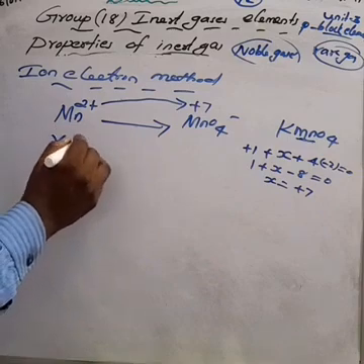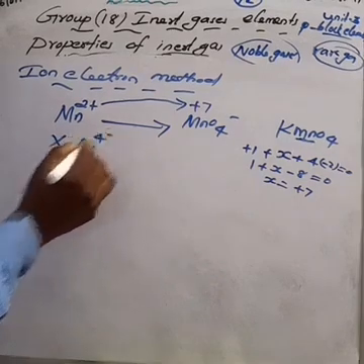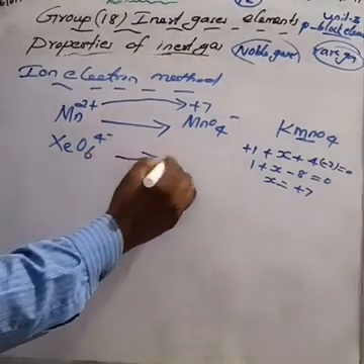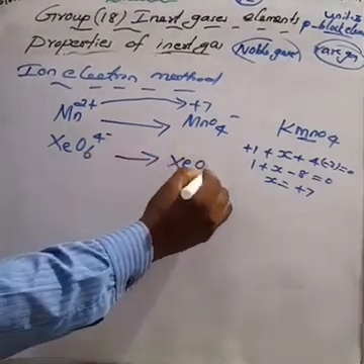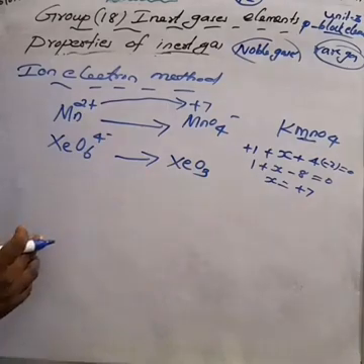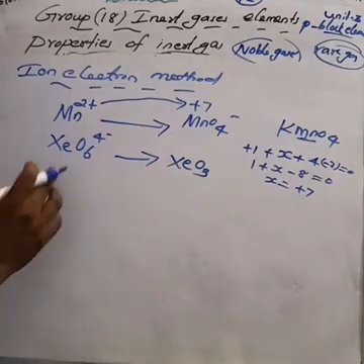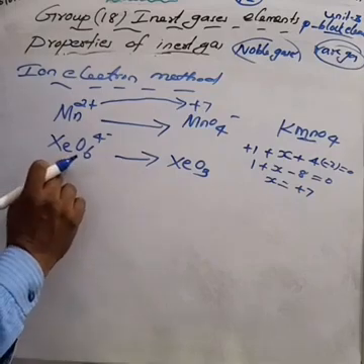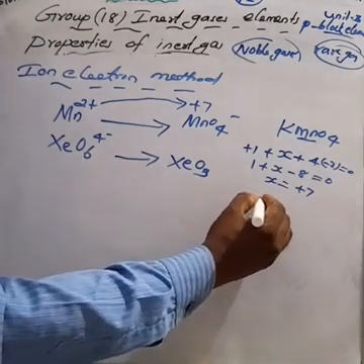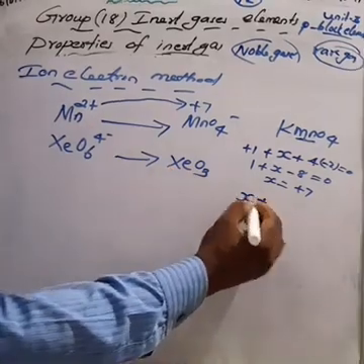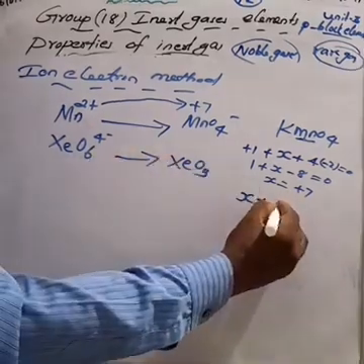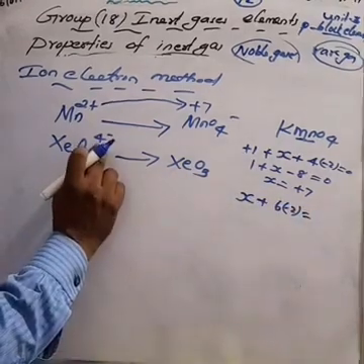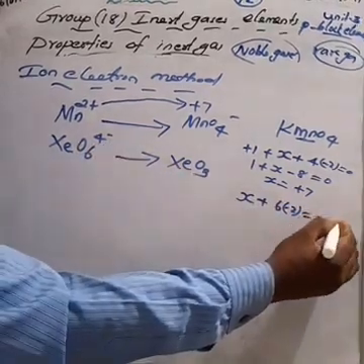Next, we write XeO6 4-, which is converted into XeO3. How can you balance it? How can you find the oxidation state of Xe? Xenon is taken as X, plus 6 oxygens, 6 into minus 2, is equal to the charge of 4 minus, so minus 4.